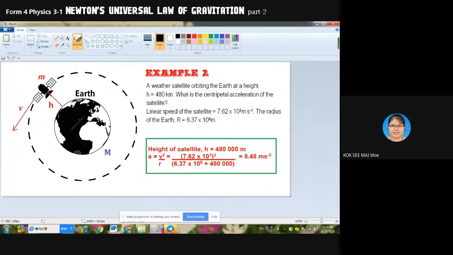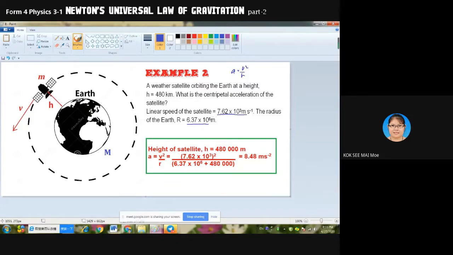Can you get this answer? Because they asked about the acceleration, we don't need to talk about the force. For acceleration, we know the formula is a equals v squared over r. So we apply v squared: from here, they tell you the linear speed, so you take the linear speed and square it, and they tell you the radius.